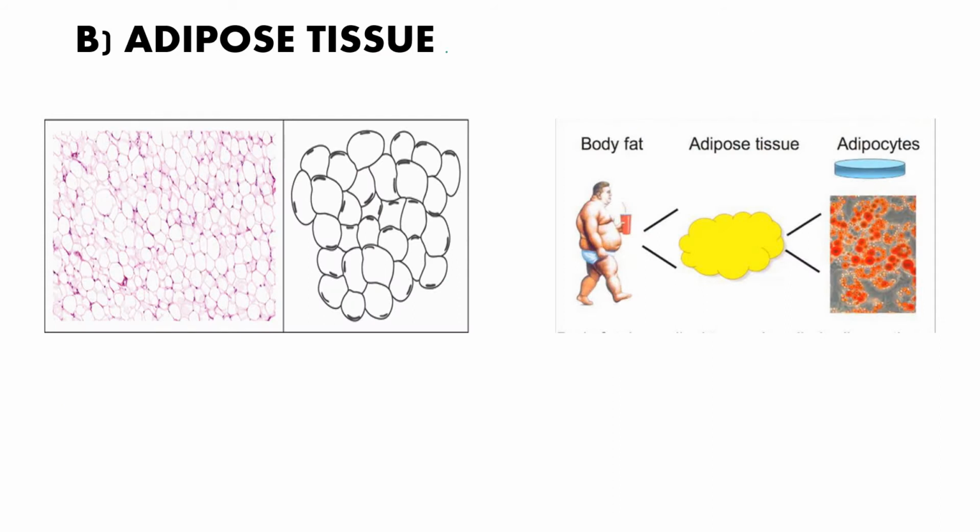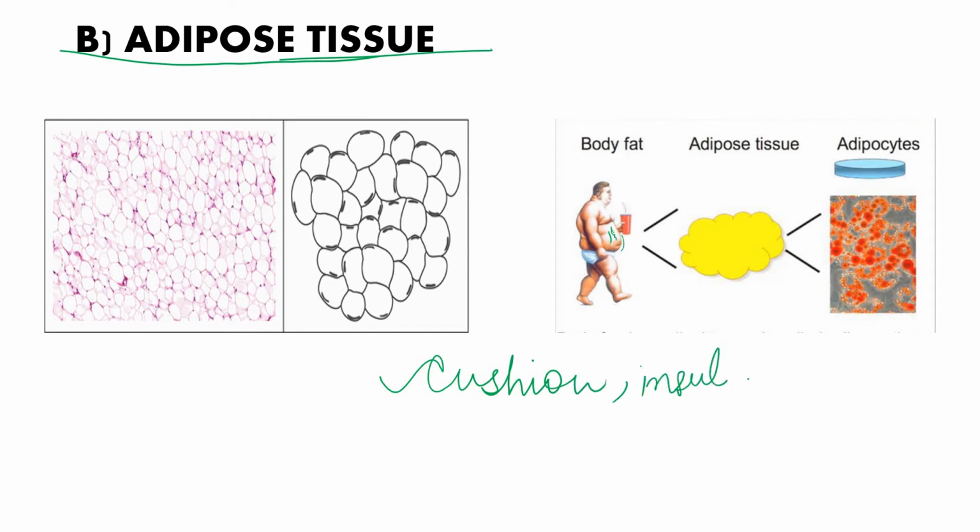The second division under the fibrous tissue is the adipose tissue. These tissues are found under the skin layer. Suppose this is the skin. Under the skin layer, these adipose tissues are found, and they act like a cushion or as an insulator. So those who are fat don't feel cold during winter, because they have a lot of adipose tissue.